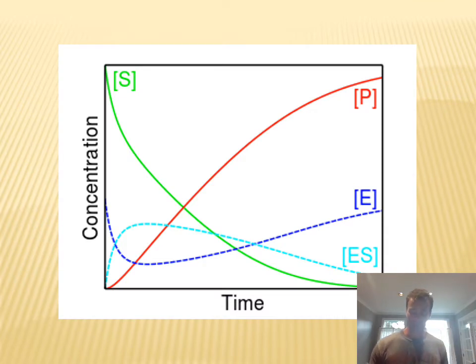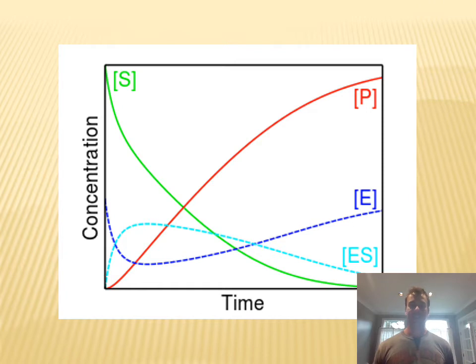Okay, let's talk about Michaelis-Menten kinetics. Let's first think about the enzyme reaction in time coordinate on the x-axis. So if we look at the concentration of the various things that are in the reaction, the enzyme itself stays relatively constant.